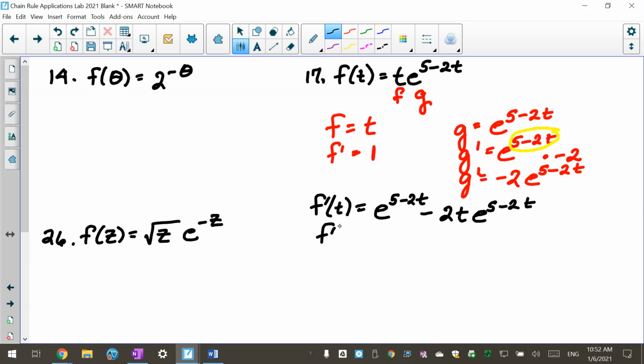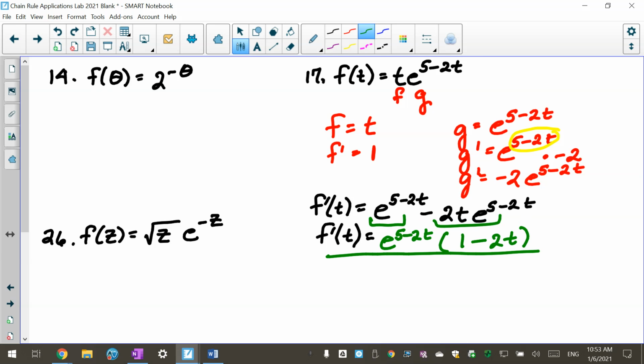And then I just basically factored this, and I looked at this is a term, and this is a term. So I took out e to the 5 minus 2t. And when I took that out, I had 1 minus 2t. So that's in factored form, and that's kind of how I'd leave it.